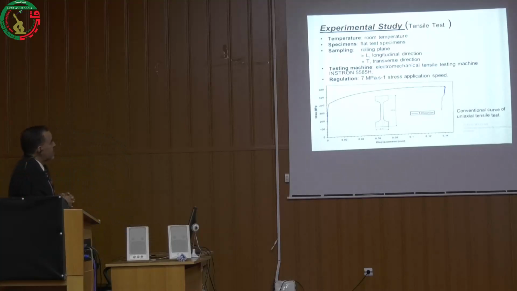To make an experimental study for the tensile test, it's made at room temperature on flat specimens cut in two directions, longitudinal and transverse. As you see here, the conventional curve of the tensile test is typical of elastoplastic materials.